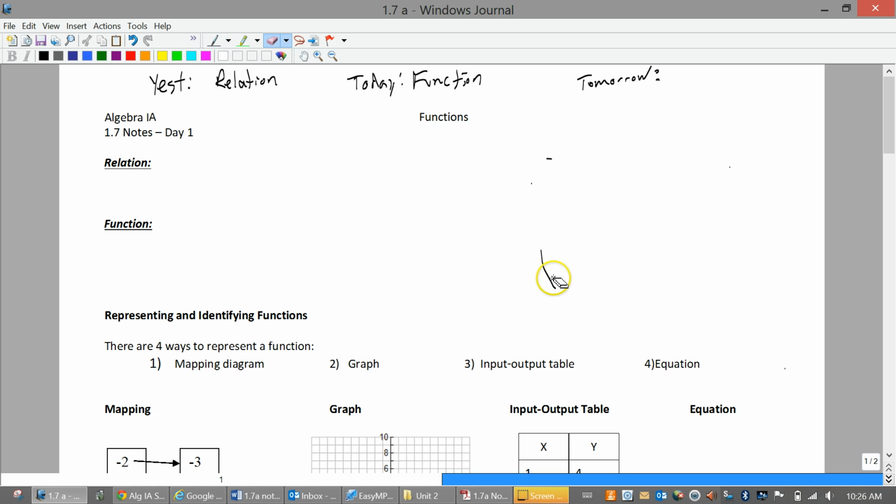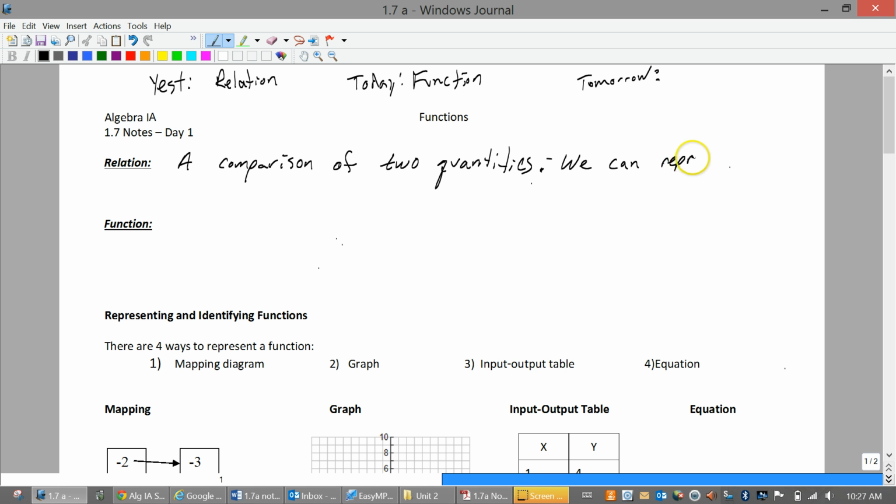A relation. What did we talk about? What was a relation? It's like a group of numbers, or two numbers that relate. A comparison of two quantities, we can say, two numbers or two sets of quantities. What ways can we represent relations?